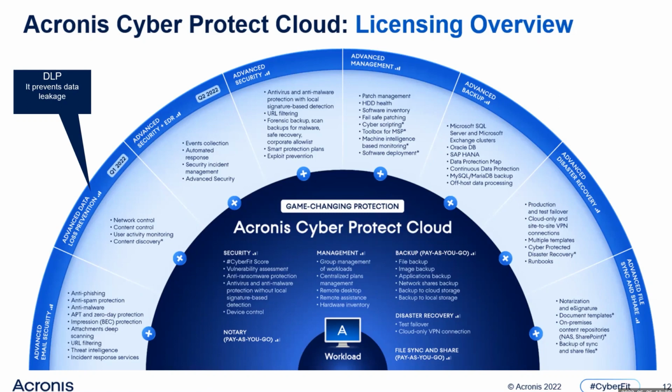So how does Acronis solve this? The DLP, as you can see on my screen, data loss prevention. DLP actually stops things like this from happening, it prevents data leakage. By using this solution, companies can help protect their sensitive documents from being intercepted by attackers.